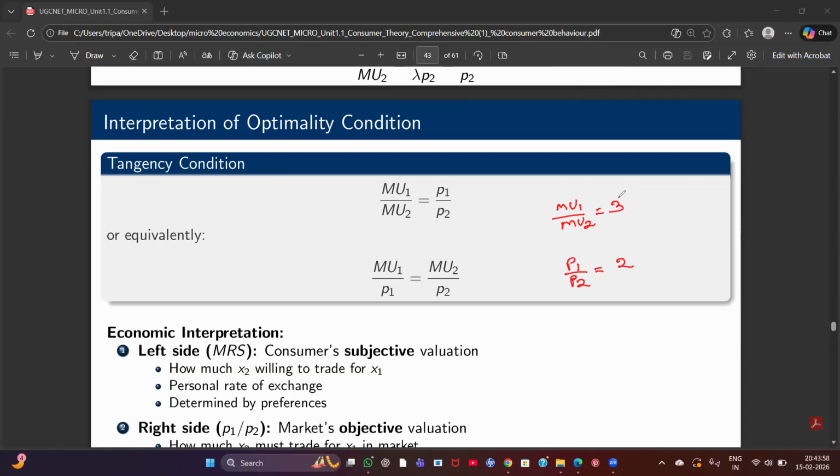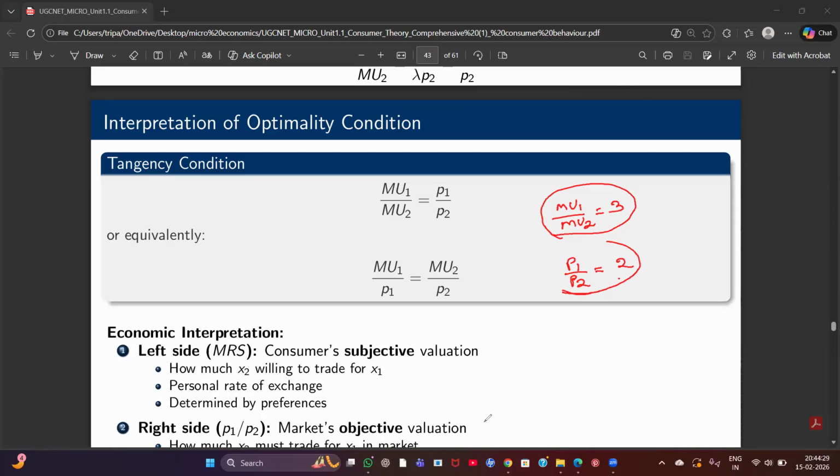That means this 3 explains that in order to get 1 unit of the first commodity, the consumer says, I'm ready to sacrifice 3 units of the second commodity. Right? What is the market explaining here? P1 by P2 equal to 2 means that if the consumer is ready to take an additional 1 unit of the first commodity, then how much of the second commodity does the market require?